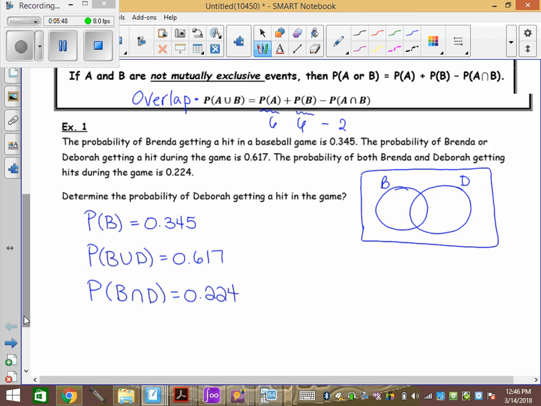So, in the overlap, we have 0.224. Why did I have to start off with the overlap first? Right. So you have to start off with that middle because the outside just Brenda also encompasses that as well, right? Okay, we have overlap, so it's not mutually exclusive.